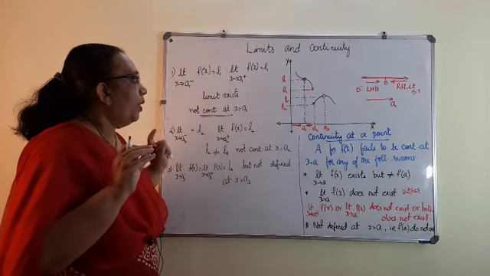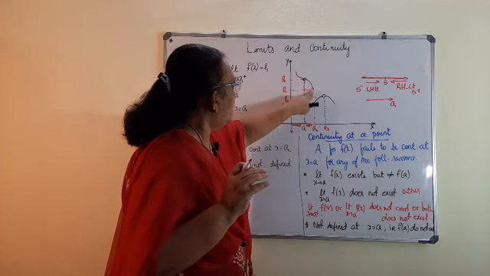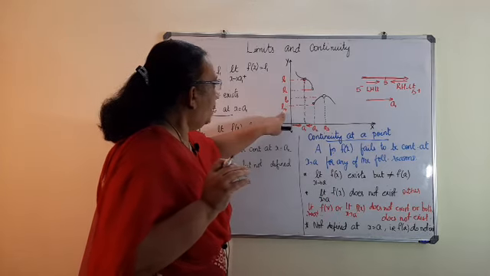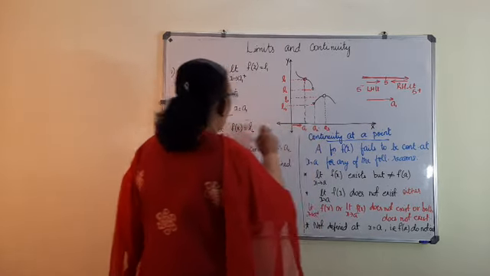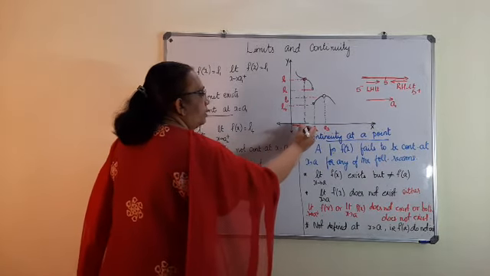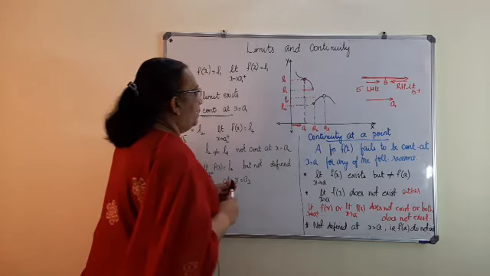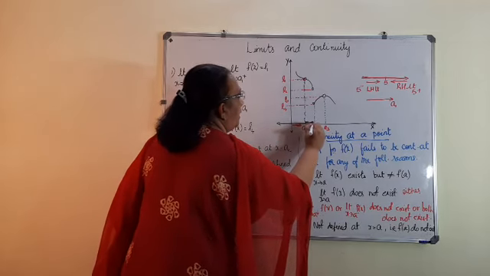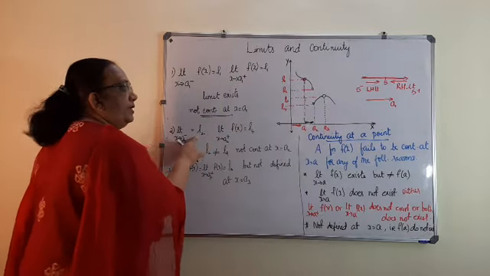Now consider the point a2. There are 2 points: a2 corresponds to L2 and a2 corresponds to L4. Limit of x tending to a2 minus, that is a2 is approached from the left side. That means this point corresponds to L2.